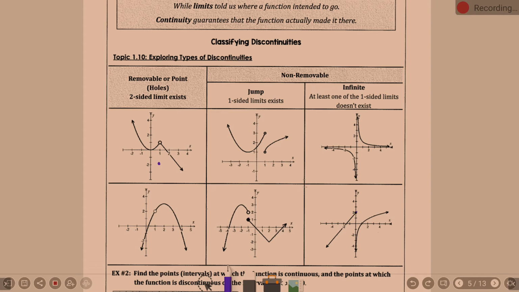I mean, they could have you graph it, they just couldn't refer to it as a function. I would call it a relation if it doesn't specifically fall into the function category. They could ask you to graph it as long as they don't refer to it as a function.